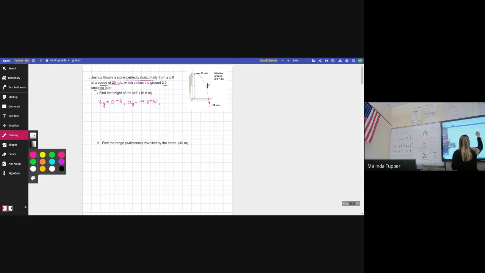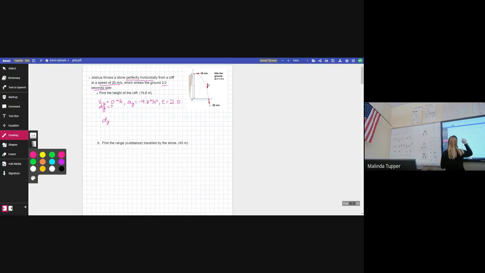My time is 2 seconds. And that should be about all we need to find the vertical distance. Okay, so I'm going to write down my kinematic equation. That's where I'm going to start.